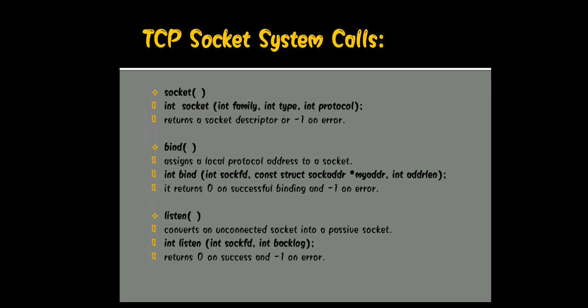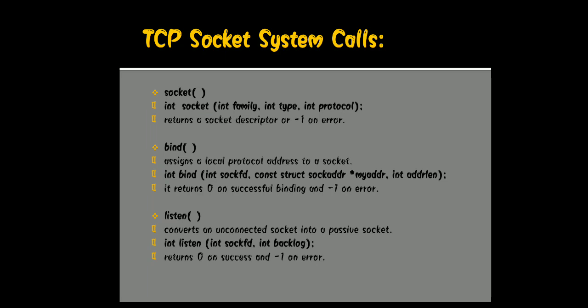Socket. Socket system call is used to create a socket. It accepts three arguments: family, which specifies the protocol family; type, which specifies the kind of socket you want; protocol specifies the protocol type. It returns socket descriptor on success, and -1 on error.